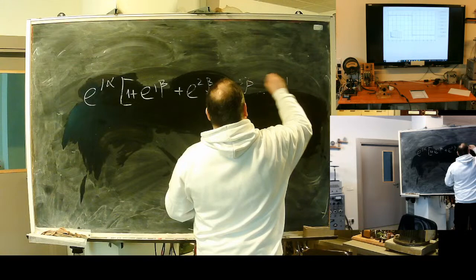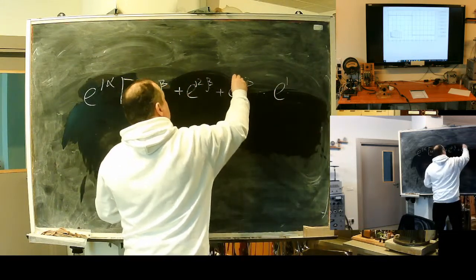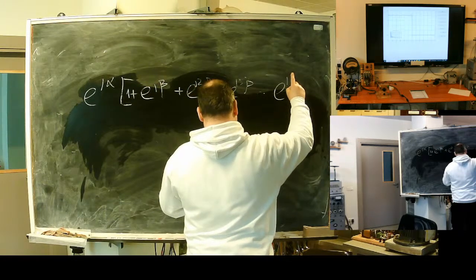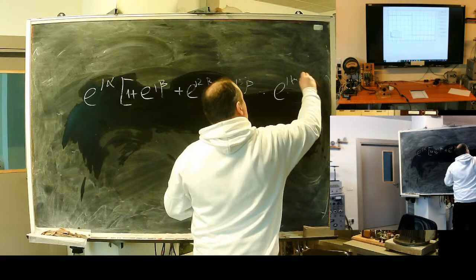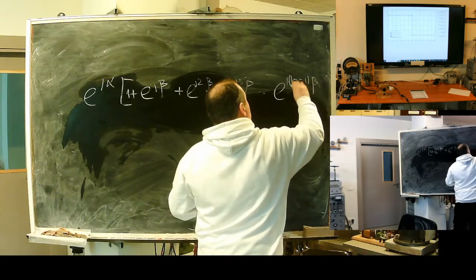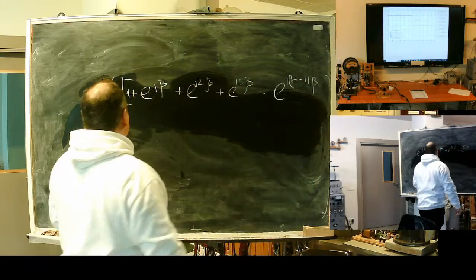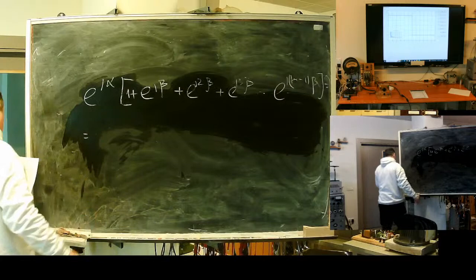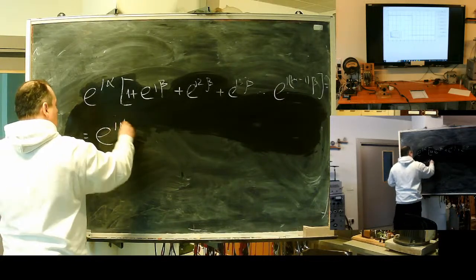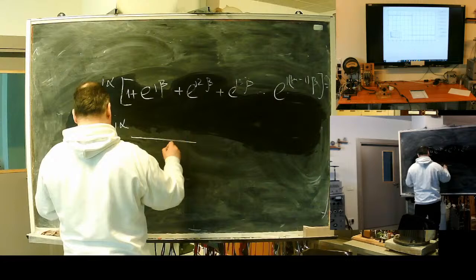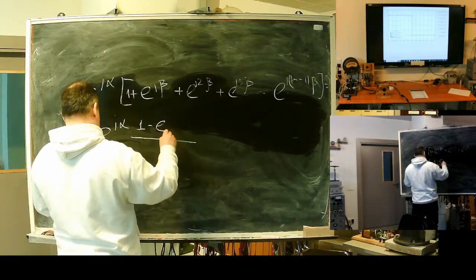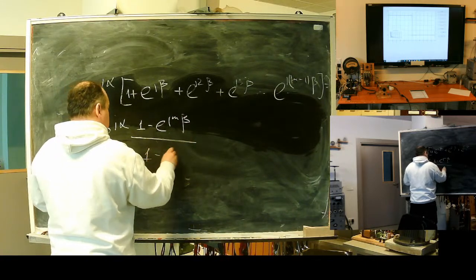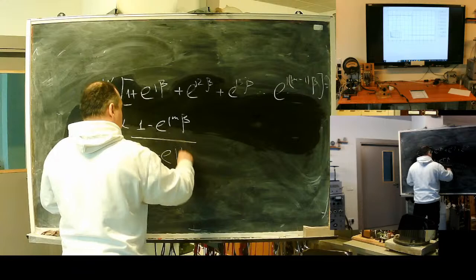They are complex. The sum for such a complex progression is known. It will be e to the power i alpha multiplied by (1 minus e to the power i m beta) divided by (1 minus e to the power i beta).